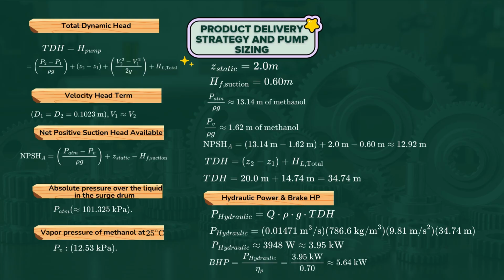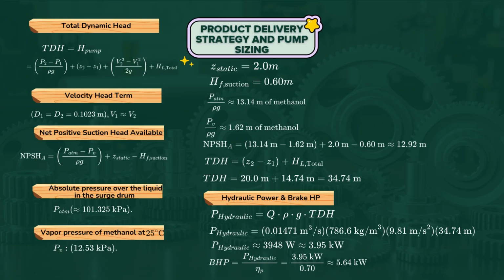Net positive suction head available calculation. The most critical fluid mechanics principle applied to methanol transfer is the control of vaporization and subsequent cavitation. Because methanol is a volatile liquid, its high vapor pressure must be actively managed in the suction line. The available NPSH is calculated as (PATM minus PV) divided by density times G, plus Z static, minus HF suction, where PATM is absolute pressure over the liquid in the surge drum, equals 101.325 kilopascal.